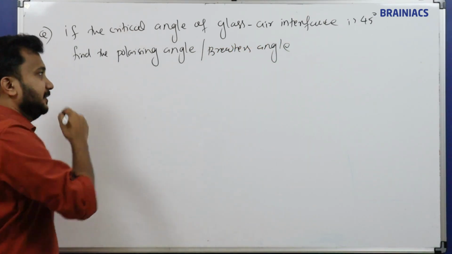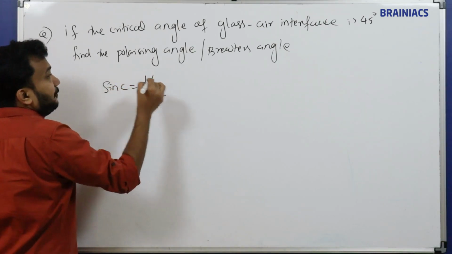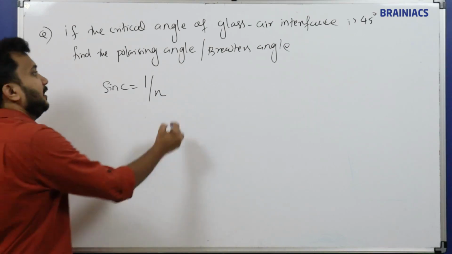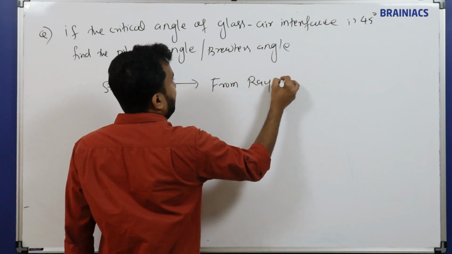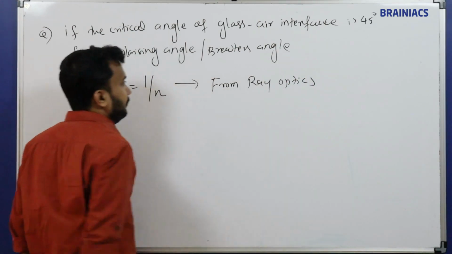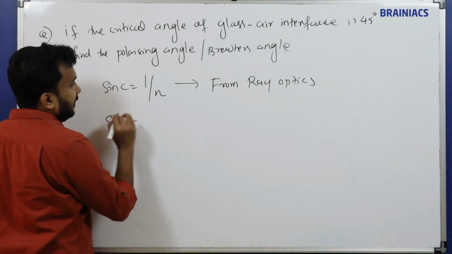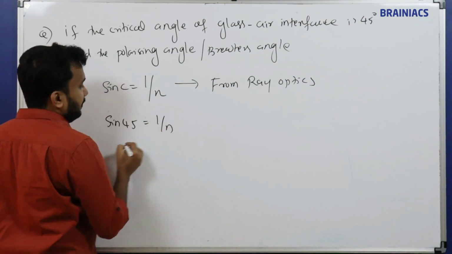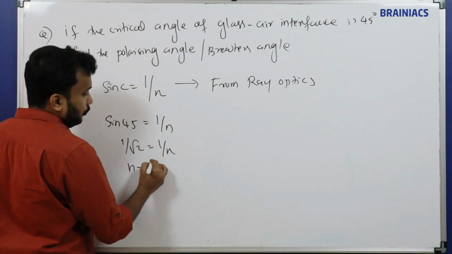So let's write. Sin C, the critical angle, will be equal to 1 by refractive index. This we have learned from ray optics. You have to go back and see the total internal reflection video from ray optics. So sin 45 is equal to 1 by n. So it is 1 by root 2 equal to 1 by n, so n equals root 2.